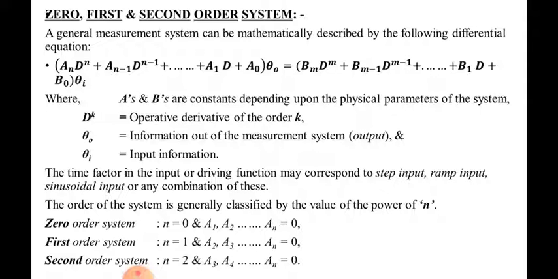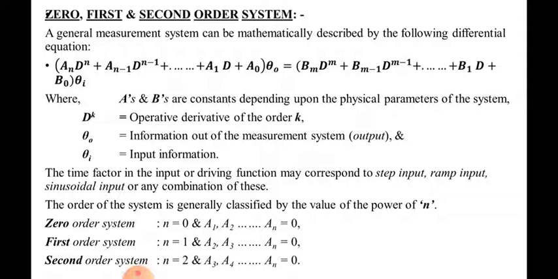So zero order system: n equal to 0 and a1, a2 and so on equal to 0. First order system: n equal to 1, a2, a3 and so on equal to 0. Second order system: n equal to 2, a3, a4 and so on equal to 0.